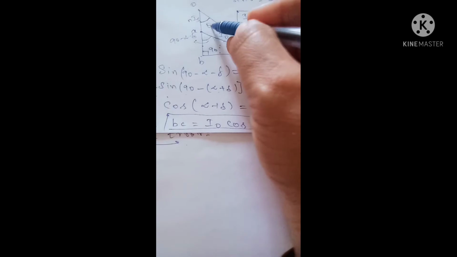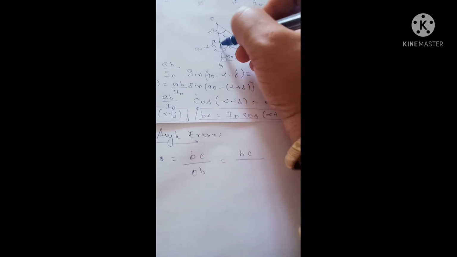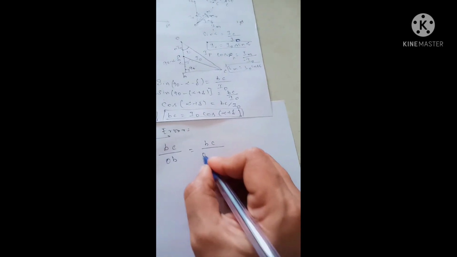Here I am considering this theta. The opposite side is BC and the adjacent side is OB, so BC divided by OB is OA plus AB.